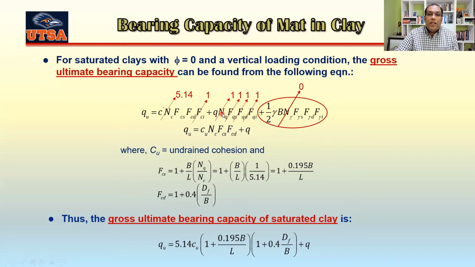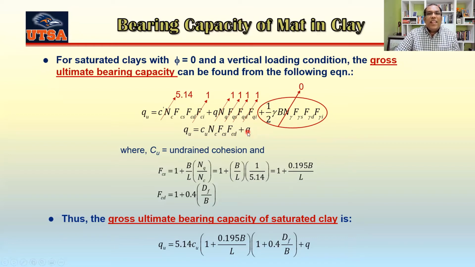And all other three factors here are 1 when phi equals 0. You can set that in the equation for qs and qd and you will get 1. If you simplify, you get qu equal to cu Nc Fcs Fcd plus q, because all other factors are 1 and this one is 0.